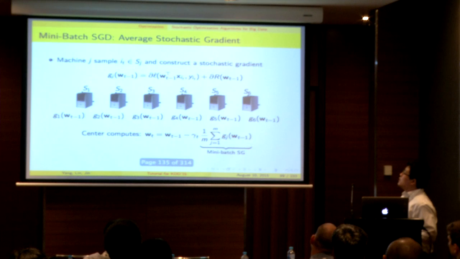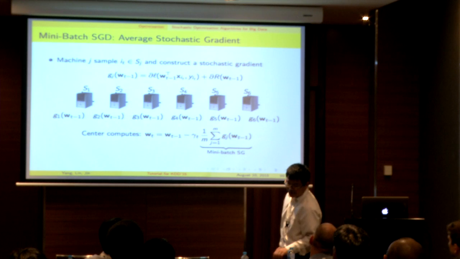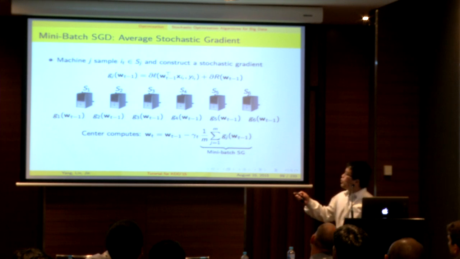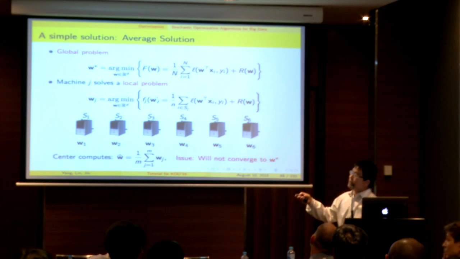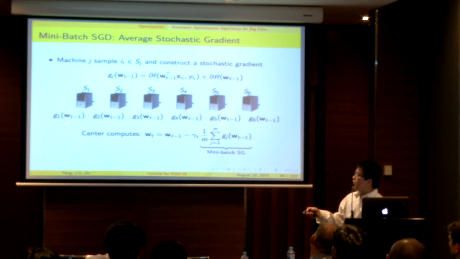But there is an interesting idea called mini-batch stochastic gradient. What we do is the following. We don't use each machine to calculate an optimal solution for its sub-problem. We just use each machine to evaluate a gradient from its own data. Suppose there's a center.